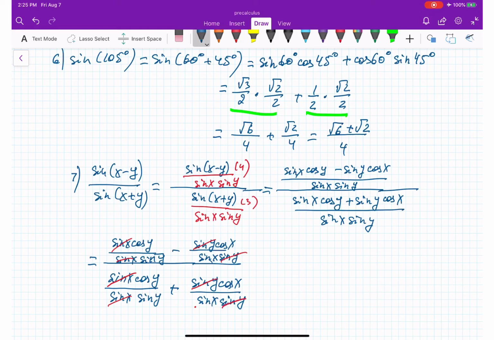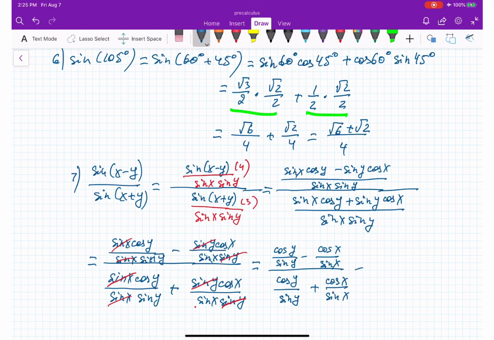And as a result, we will get cosine y over sine y minus cosine x over sine x, and in the denominator what is left is cosine y over sine y plus cosine x over sine x.